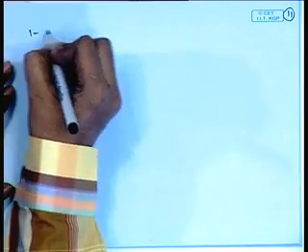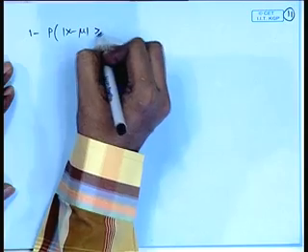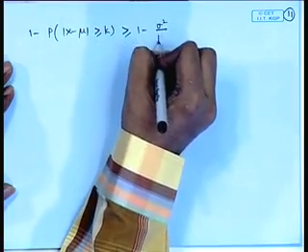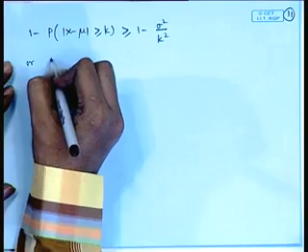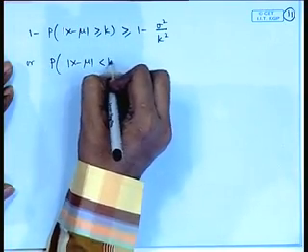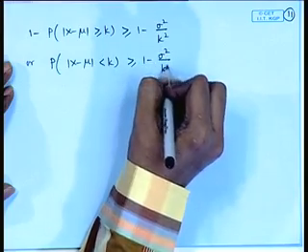So, you will have 1 minus probability of modulus x minus mu greater than or equal to k greater than or equal to 1 minus sigma square by k square, or you can write probability of modulus x minus mu less than k is greater than or equal to 1 minus sigma square by k square.